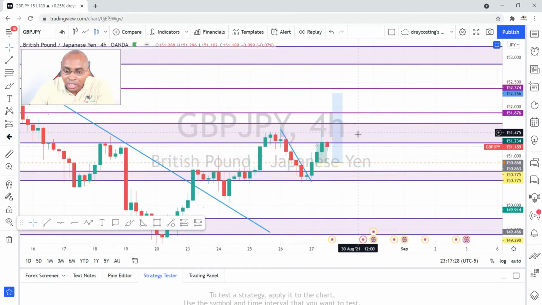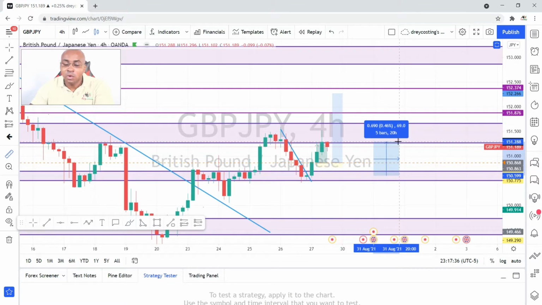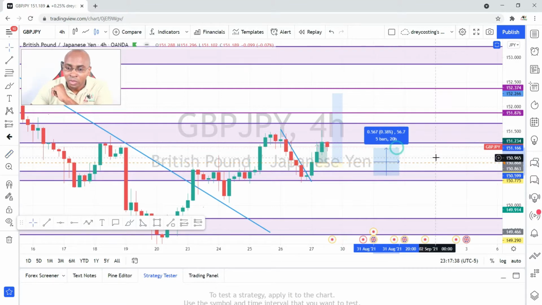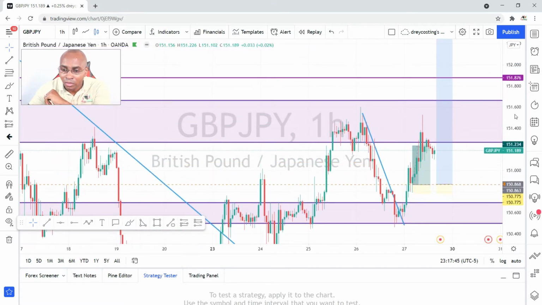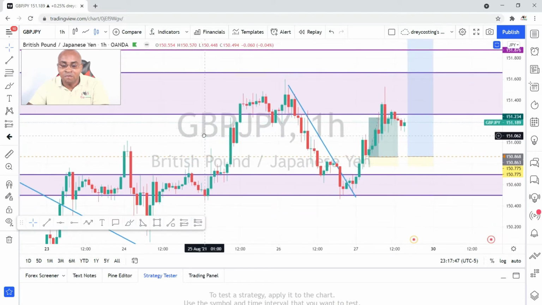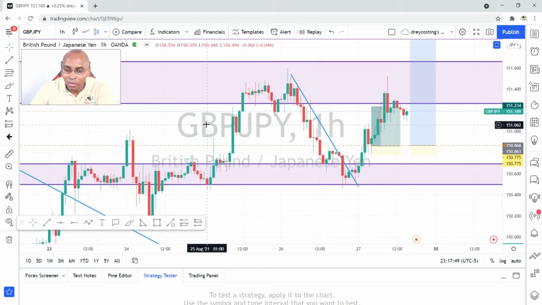In between the supply and demand level right here, from the zone that I drew up, in between here, that's about 70 pips, yeah? Whenever you drop time frame to like the 1 hour, you have more action to look at now.